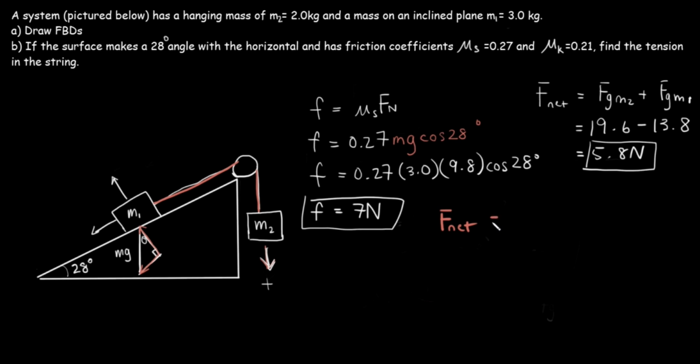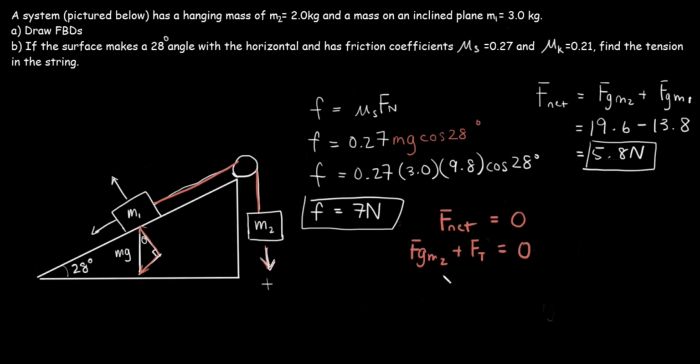F net equals, well, we're not going to do MA because we know that acceleration is 0. So for example, if you did MA, then it would be F net equals 0. And F net, we can replace that with the forces acting on M2, which is the force of gravity plus, even though it should be minus since it's moving in the opposite direction, Ft.